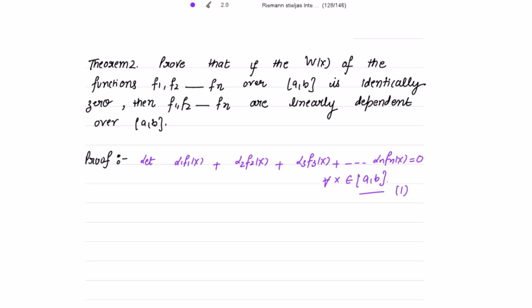And now I have to differentiate this n minus 1 times. So let me differentiate this identity n minus 1 times. Differentiating 1 n minus 1 times, I get, first I'm writing the identity, because I will get the system of homogeneous equations from here.